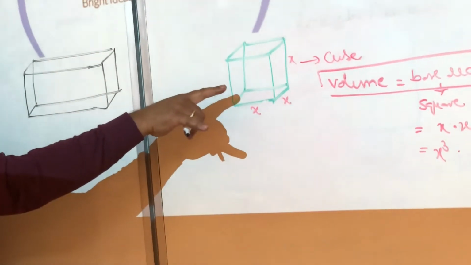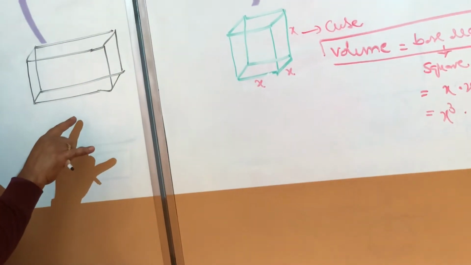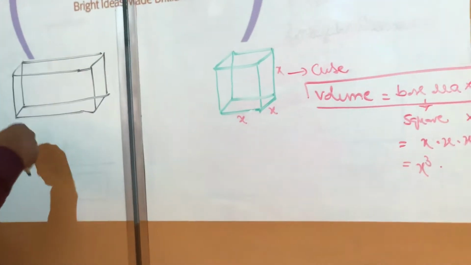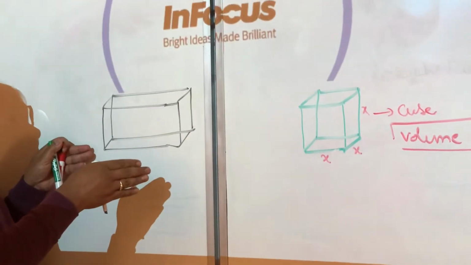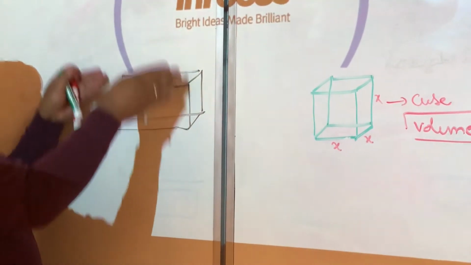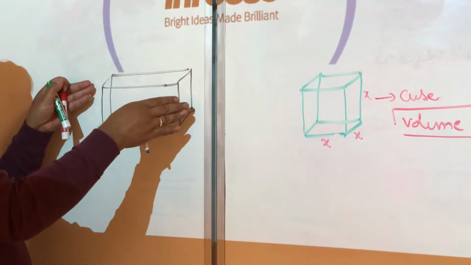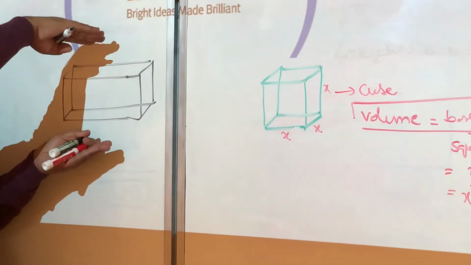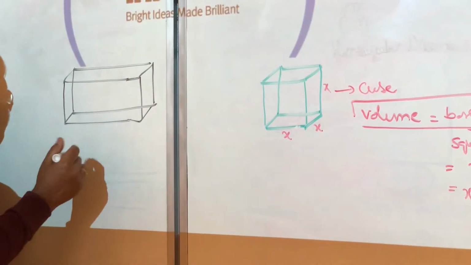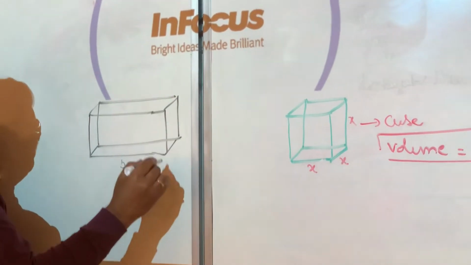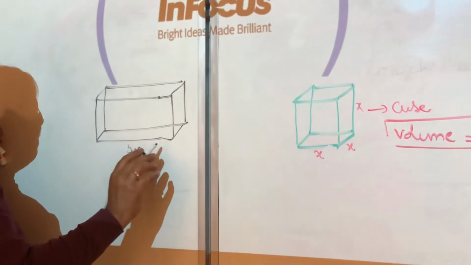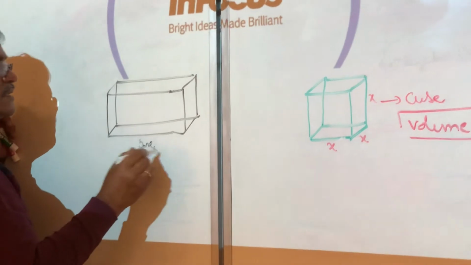See, that's a cube, all sides are the same, but here, again, still the same concept: the two parallel bases are rectangles. If you take these two as the base, or these two, it doesn't matter. The bottom is the base, and obviously this is going to be the height. But this time the base is a rectangle, so it has different dimensions.